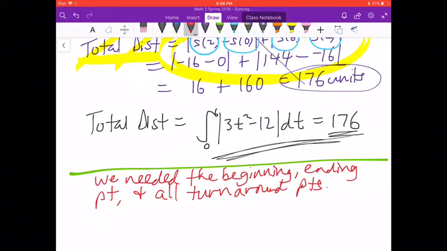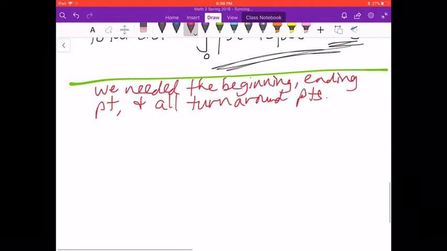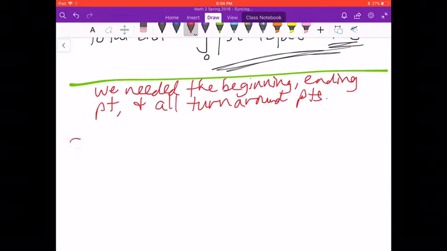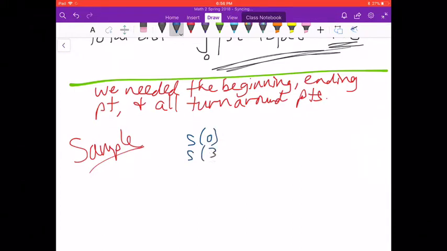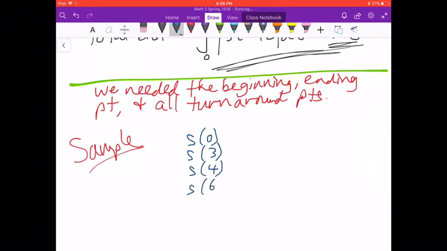Okay, so as a sample, let's throw one down here. Let's just say sample, so you know we don't have specific numbers here. And let's go with, how about some blue again? So let's say we go with s of 0, and then we have s of 3, for example, and then we have s of 4 and s of 6, and let's say s of 13 is the last one.